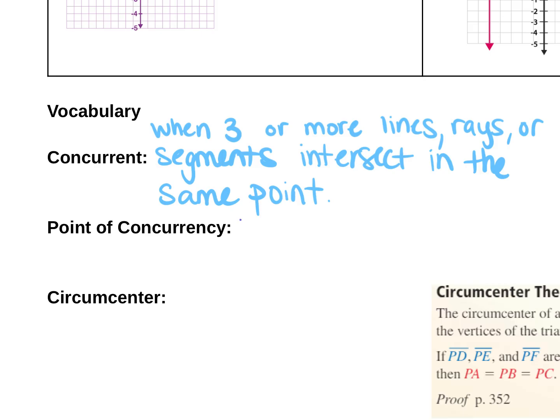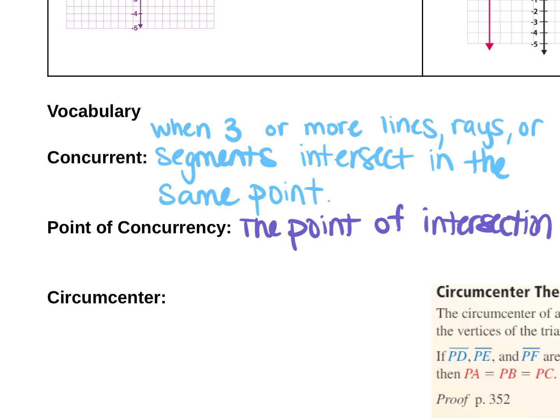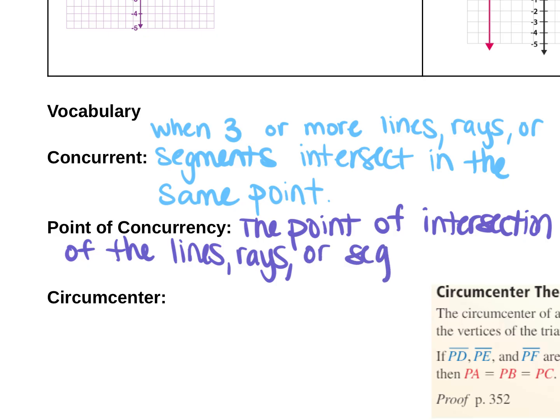So this is the point of intersection of the lines, rays, or segments. Very good.